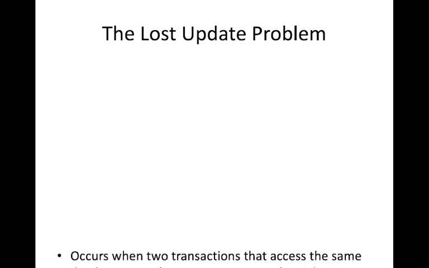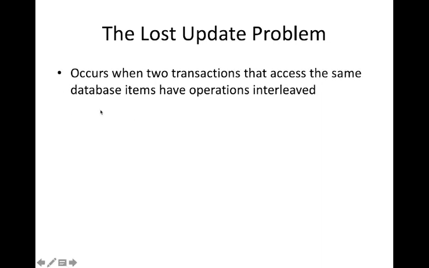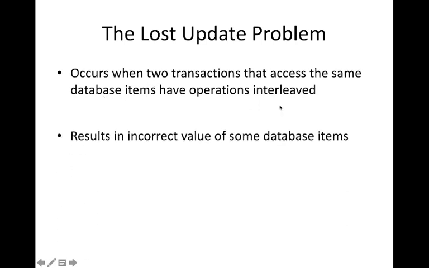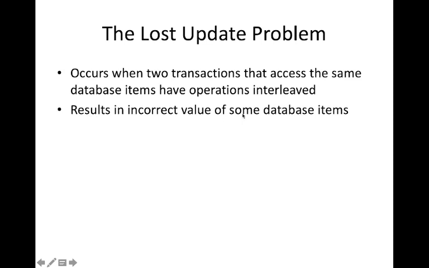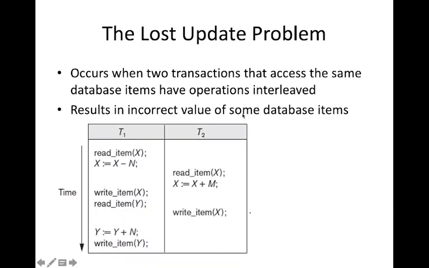The first one is the lost update problem. This occurs when two transactions that access the same database items have operations interleaved, which results in incorrect values of some database items. For example, we have already seen T1 and T2. If they execute in this interleaved manner, a problem can occur.